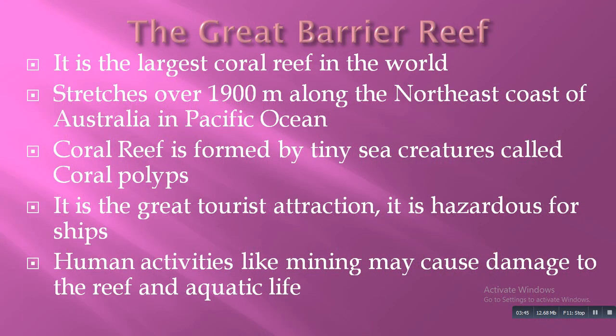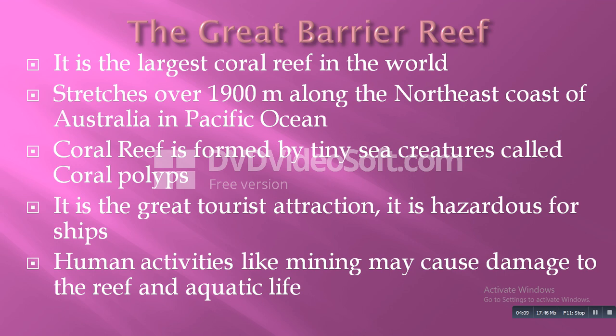Second one, the Great Barrier Reef. The Great Barrier Reef of Australia is the largest coral reef in the world. It stretches over 1900 kilometers along the northeast coast of Australia in the Pacific Ocean. Coral reef is formed by tiny sea creatures called coral polyps.